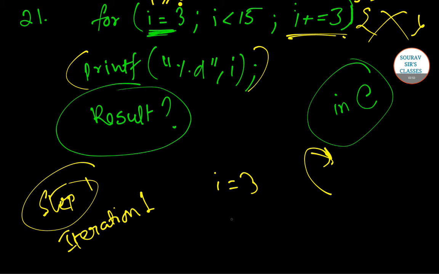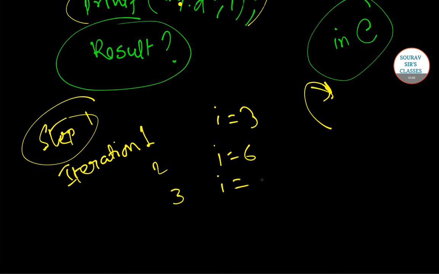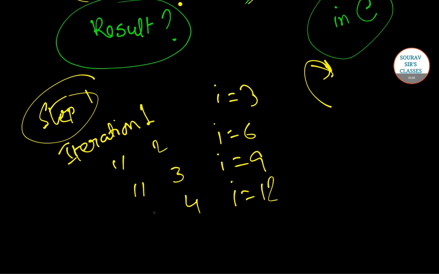Now after iteration 2, I equals 6, after iteration 3, I equals 9, and all of these are less than 15. I equals 12 at iteration 4, and then I increases by 3 again and it becomes 15.